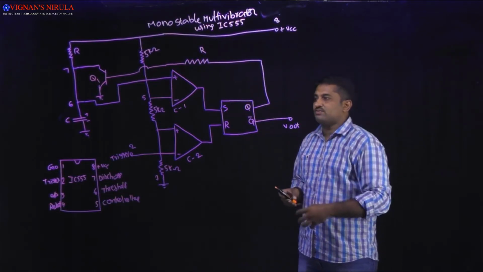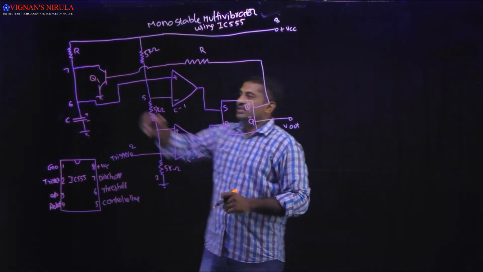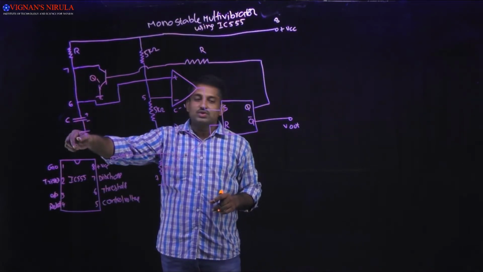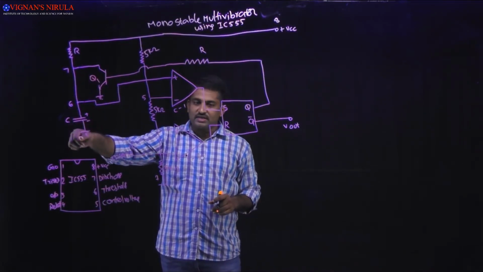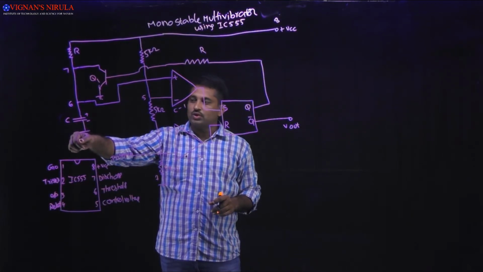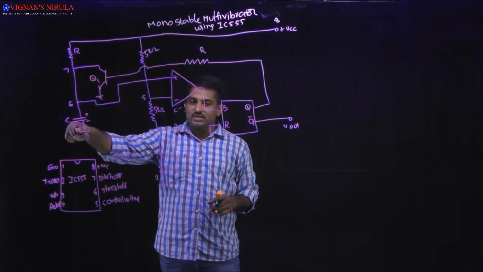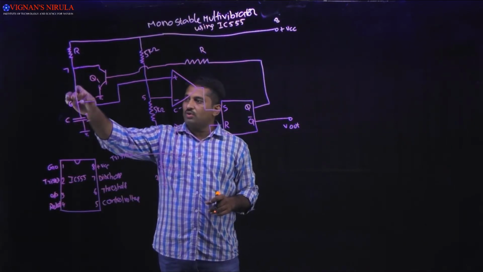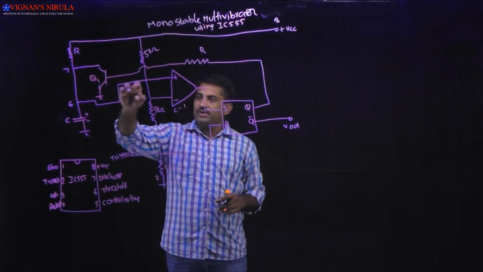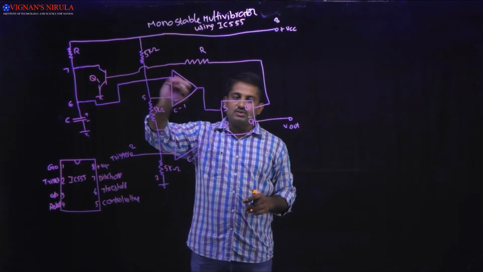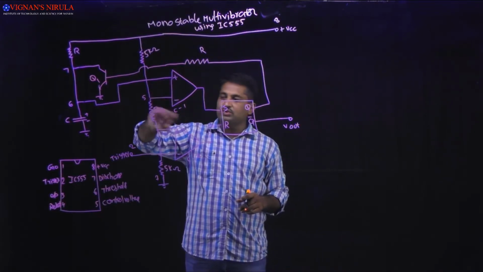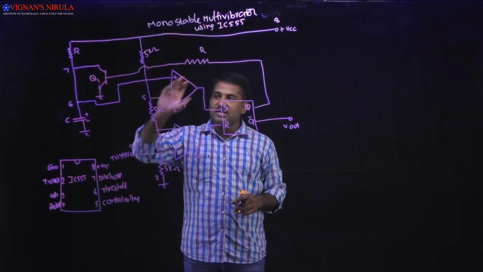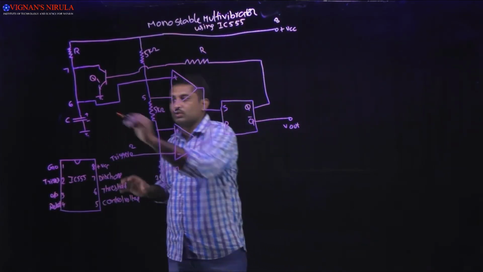Once it is driven into saturation, the voltage across the capacitor becomes 0, because the other end of the capacitor is connected to ground. Now this voltage will be applied at the threshold voltage. The fifth pin is the control voltage and the sixth pin is the threshold voltage.